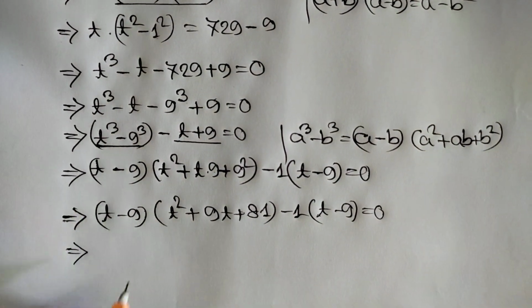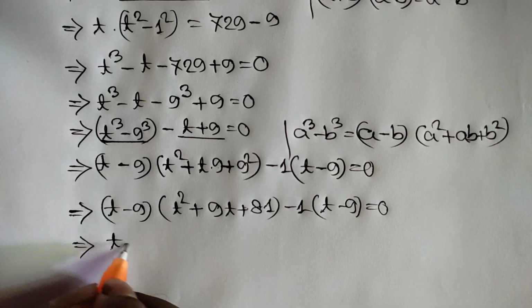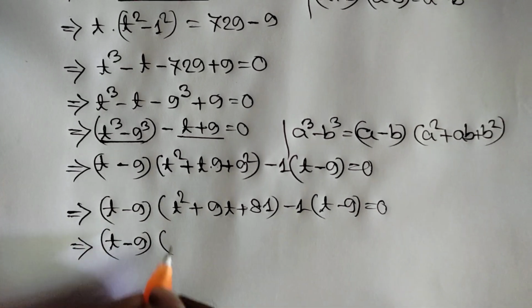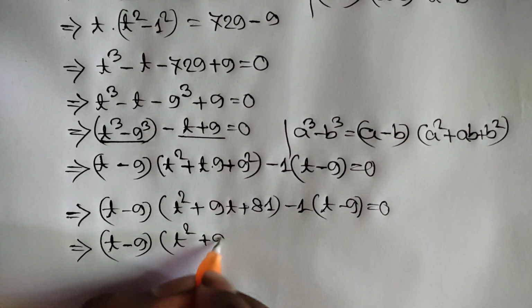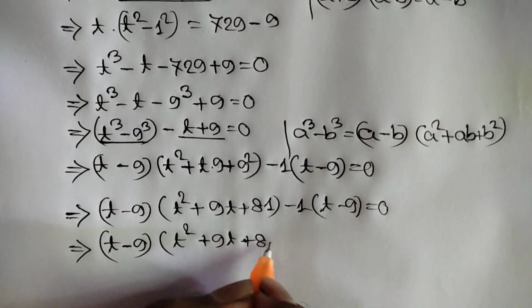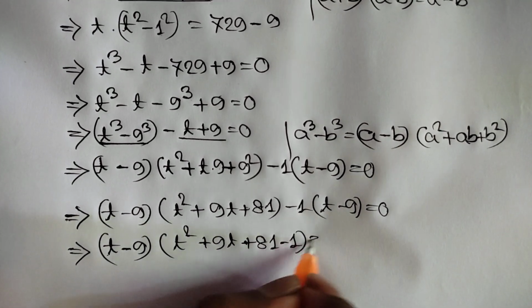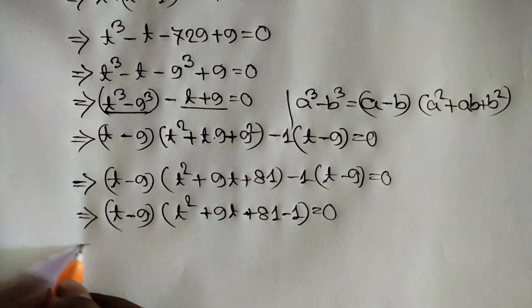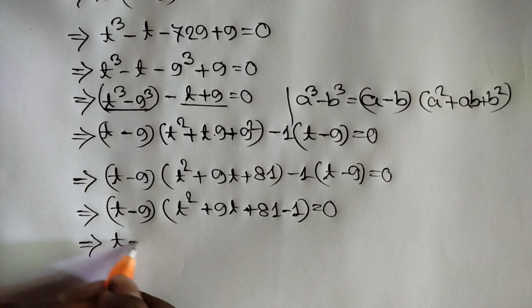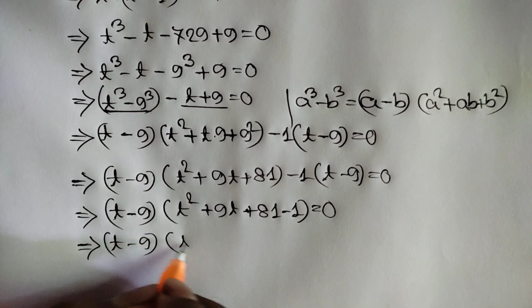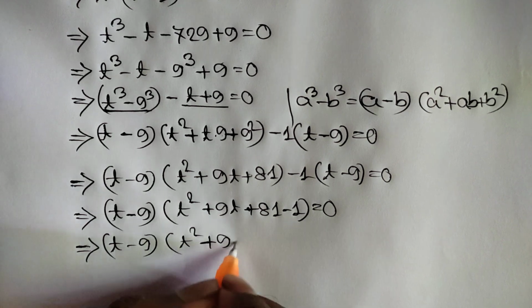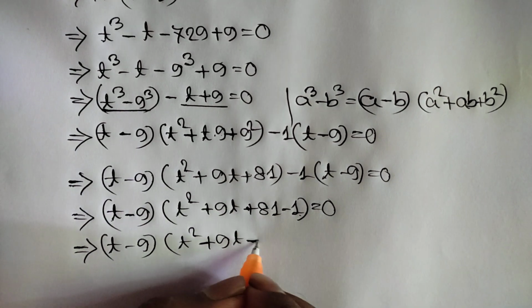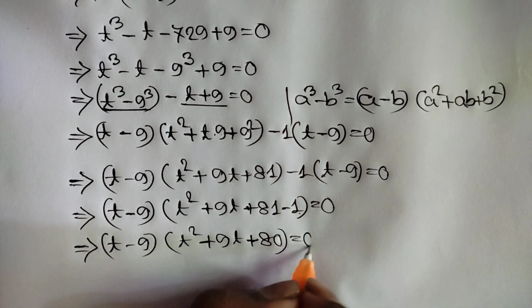Now taking common (t-9) we will get (t-9) times (t squared plus 9t plus 81 minus 1) is equal to 0, or (t-9) times (t squared plus 9t plus 80) is equal to 0.